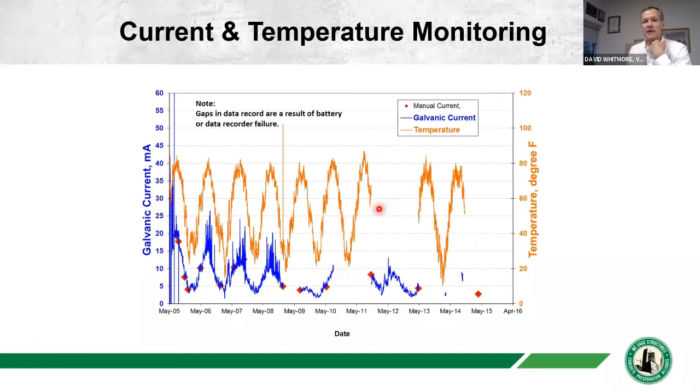The same thing happened for a period of time in the temperature data logger as well, for reasons sometimes we understand and sometimes we don't. But yes, you can monitor any of these systems, and you should monitor them to make sure that you're meeting whatever performance criteria you're looking for.